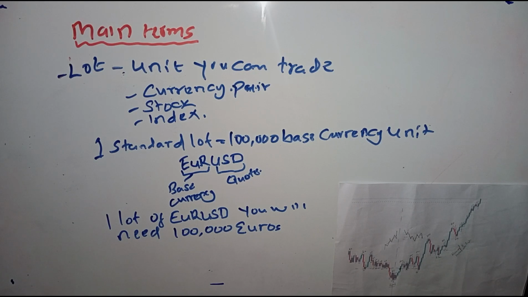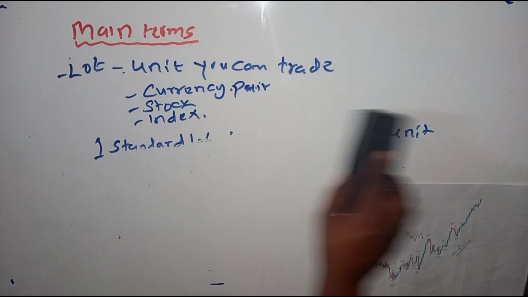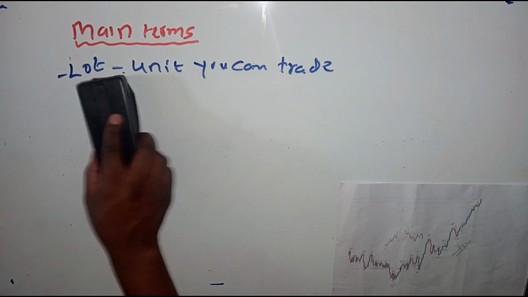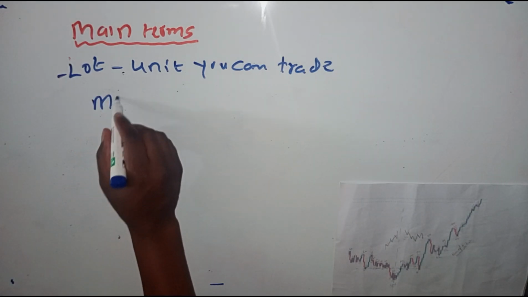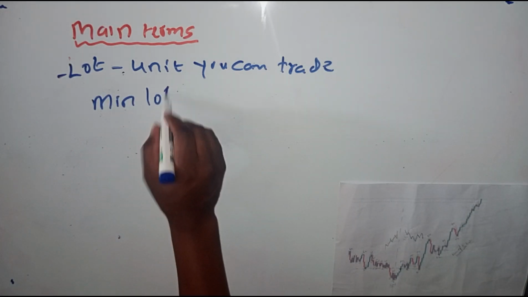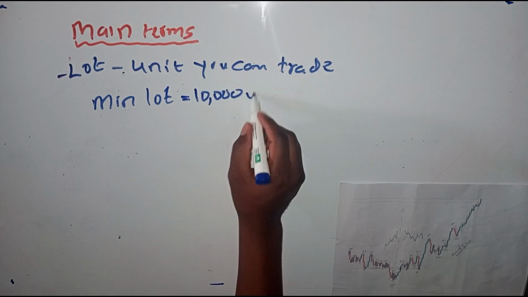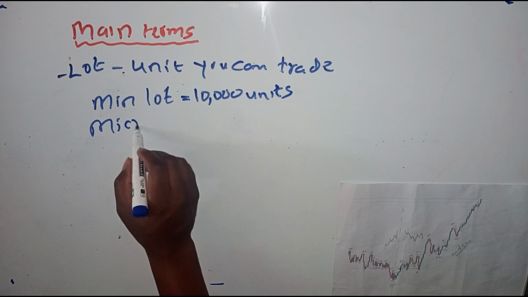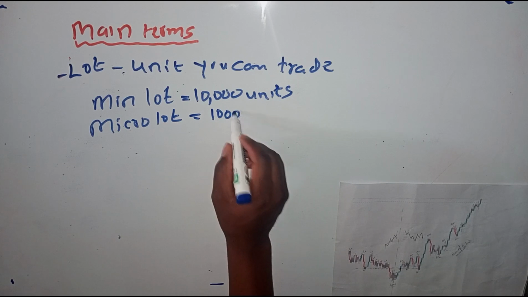But we can also have a mini lot, which is 10,000 units, and a micro lot, which is 1,000 units.